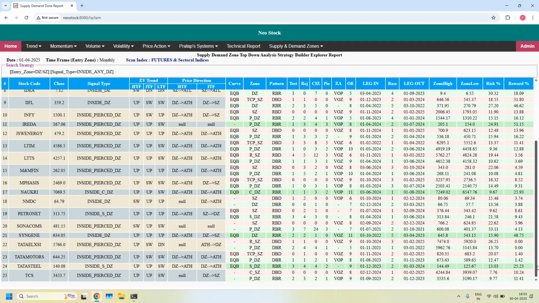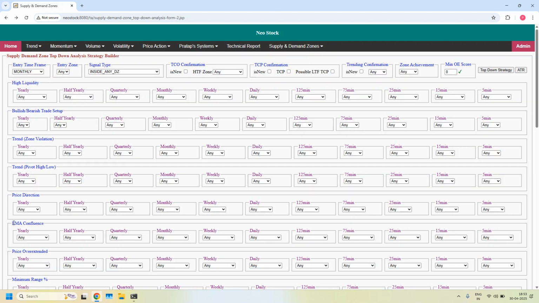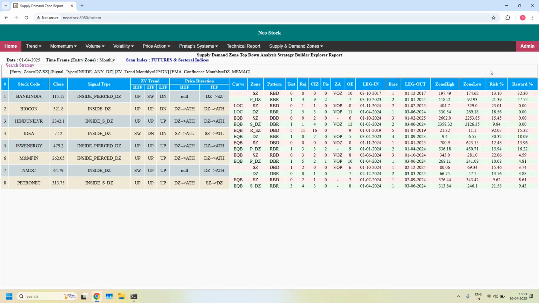Okay, we can further filter this list based on monthly demand zones having monthly EMA confluence. Now the list has come down to 8 stocks.